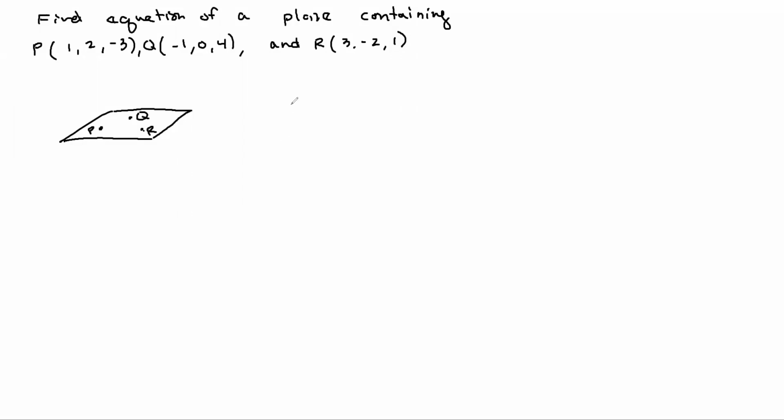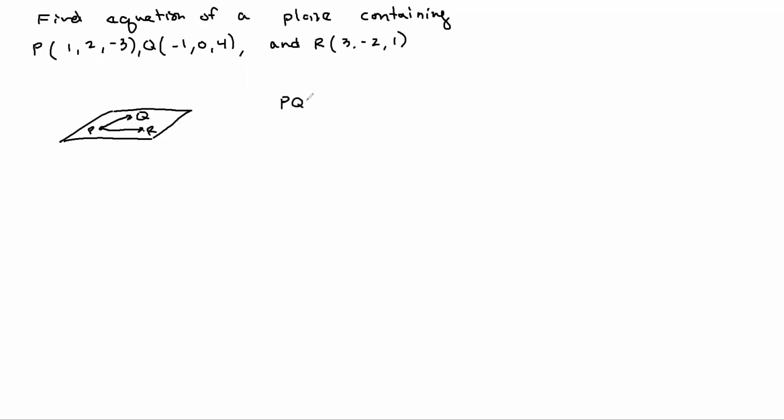Okay, well, the way in which we could do that is we could take the points and we can turn them into vectors by subtracting the coordinates, right? So we could go through and create vector PQ, and we could create vector PR, right?